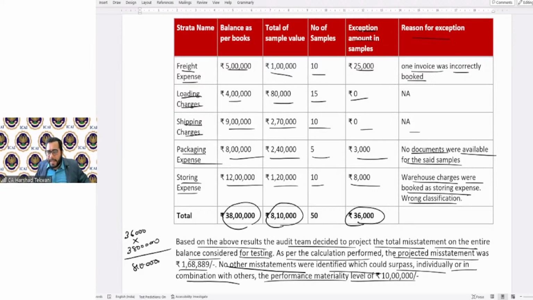What do you think is the correct way of projecting a misstatement in this case? Let's go expense by expense. Freight expense. How do you project this particular misstatement? How will you project this particular misstatement?